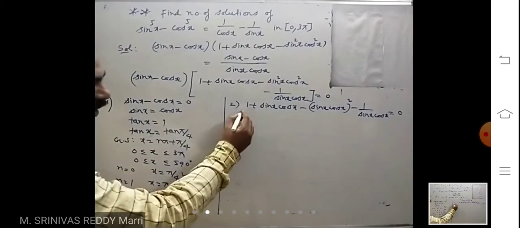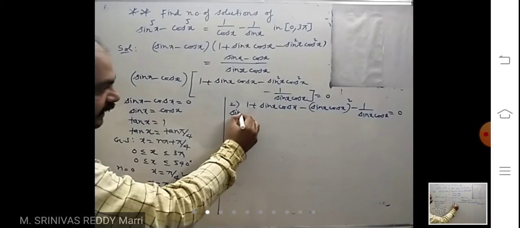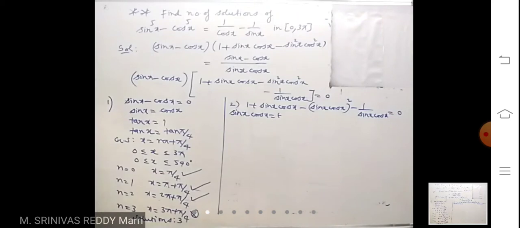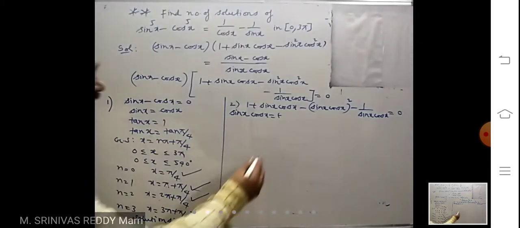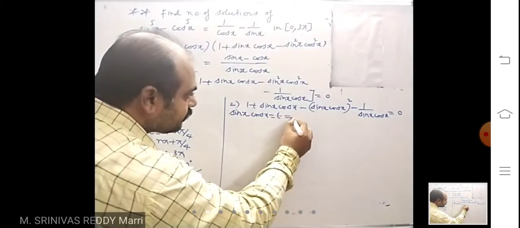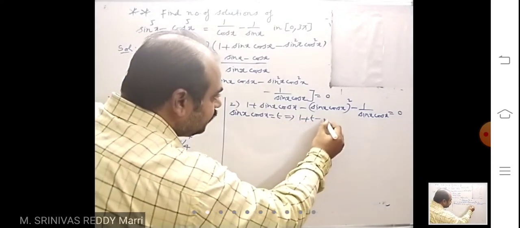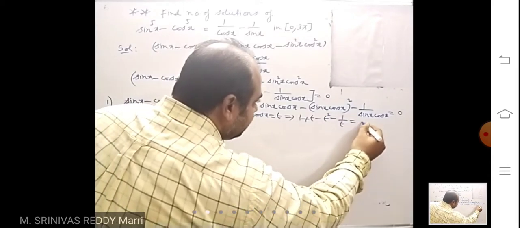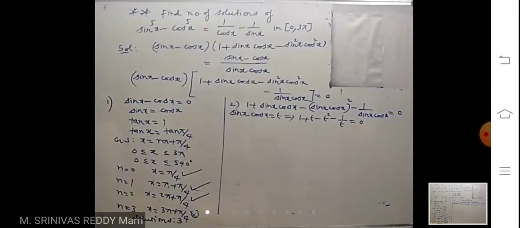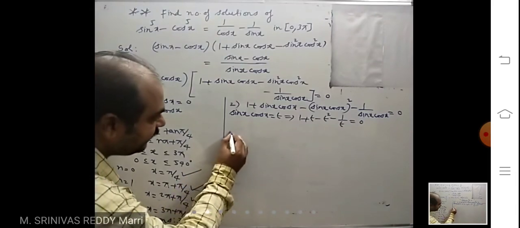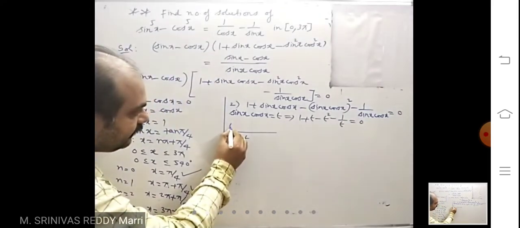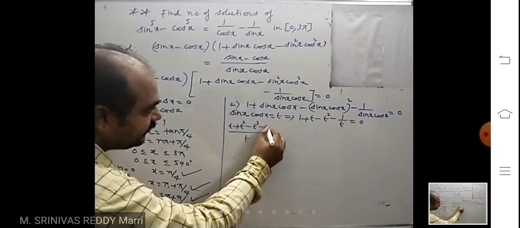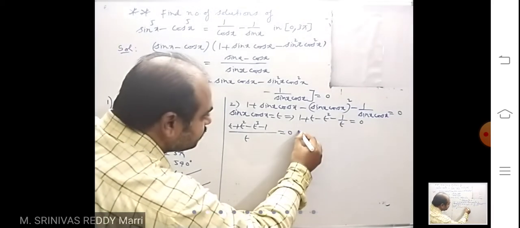Now look carefully at how I am solving. Take sin x cos x equal to t. That implies this equation will become 1 plus t minus t square minus 1 by t equal to 0. Now take the LCM t: t plus t square minus t cube minus 1 equal to 0.